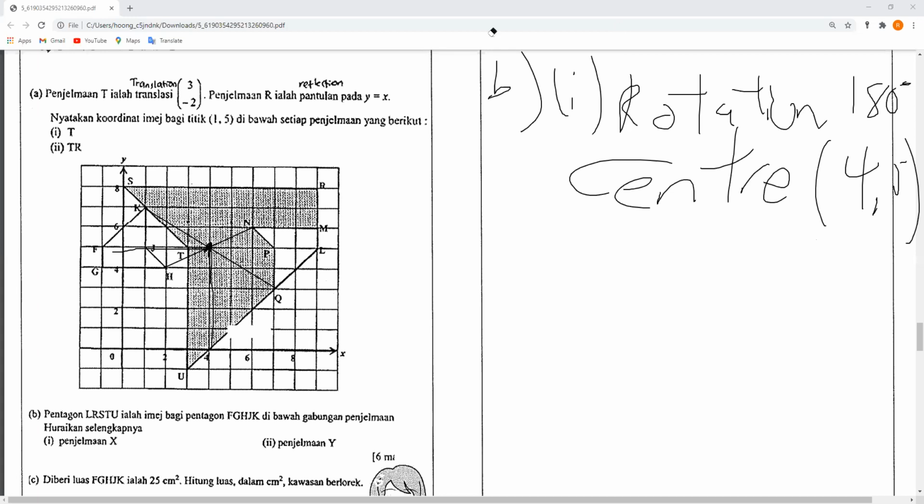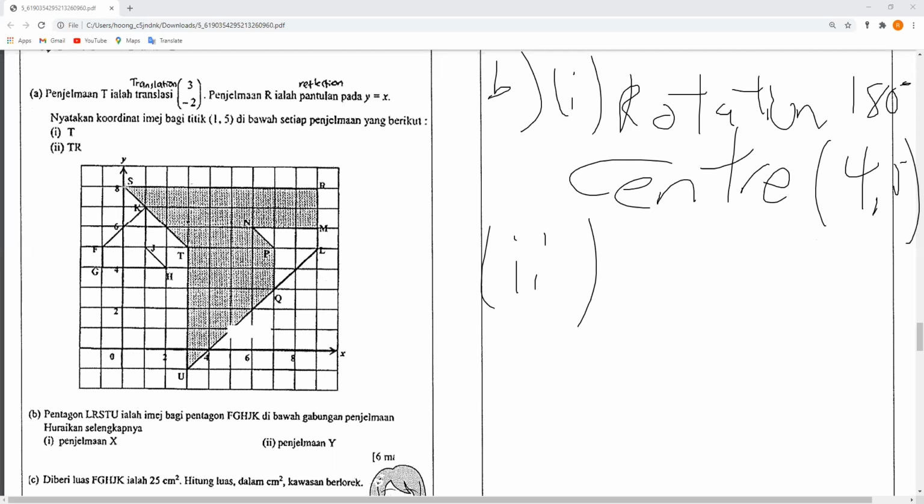Okay, so next one, B2. As you can see, it's an enlargement. So we do the enlargement. Point S connects to the point N as usual.